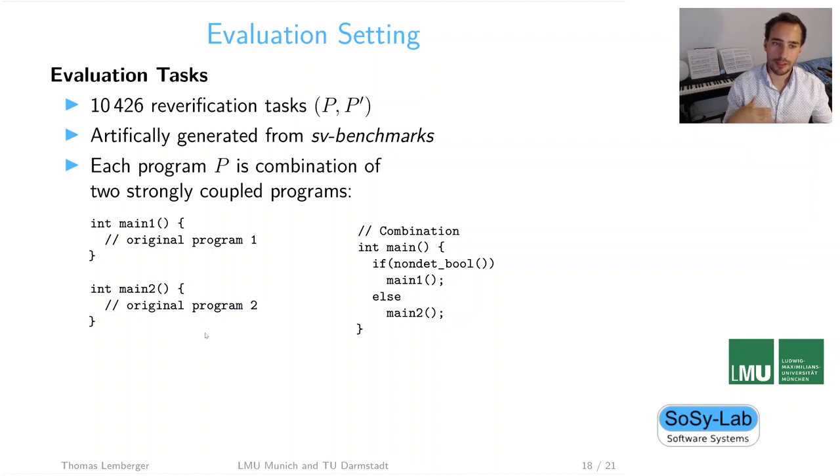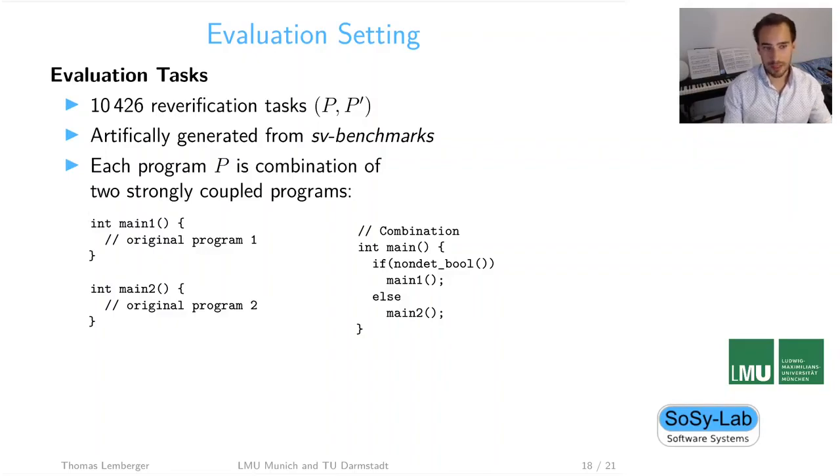We had to create these to get some programs that are loosely coupled to make use of diffcont, because if we only look at the strongly coupled programs that we have in the SV benchmarks, we won't see any good results because the programs are too specialized and do not represent real-world big systems that contain independent components.